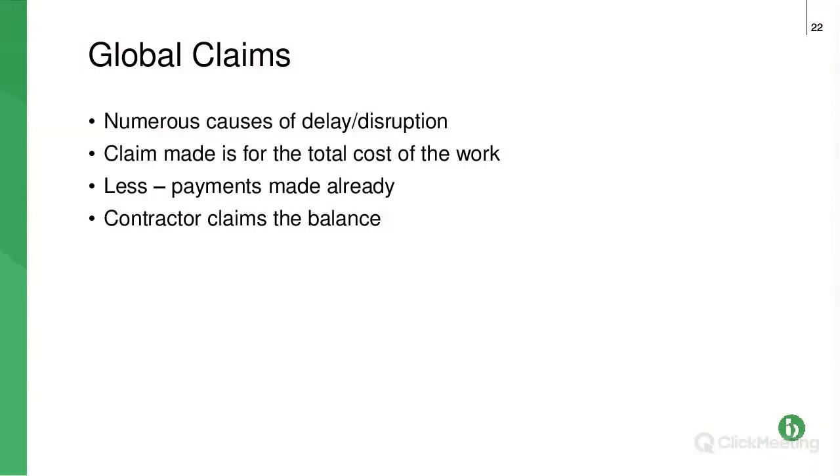Essentially, a global claim is a contractor in a contract who says, I should have completed, the completion date was the 20th of February, I didn't complete until 2 months later, and I'm not responsible for any of that delay, and therefore I want an extension of time for the full period, rather than going through and saying, of that 2 months, 3 weeks related to variation 27, a week to variation 4, 2 weeks to storm Anwen, 2 weeks to ground conditions I couldn't reasonably have anticipated, which aren't my risk.